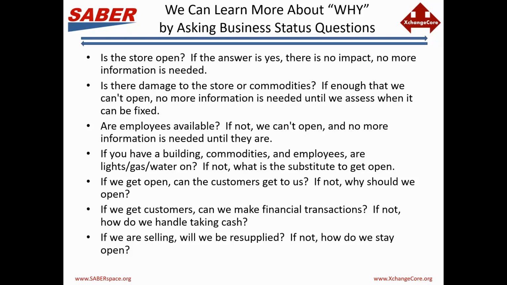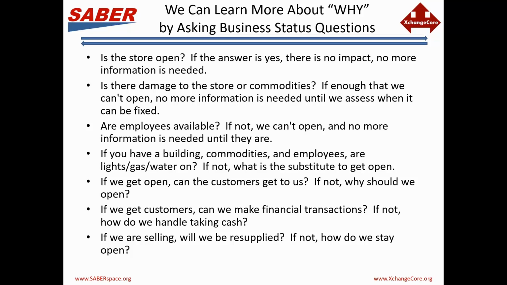Next one, are employees available? Well, if they're not going to be able to get to work, you're not going to be able to open. And again, that's the point at which the business can say, okay, I don't need to tell you anymore because we are insufficient, we are not open. Next question. If you have a building and you have commodities and you have employees, are the lights on basically?